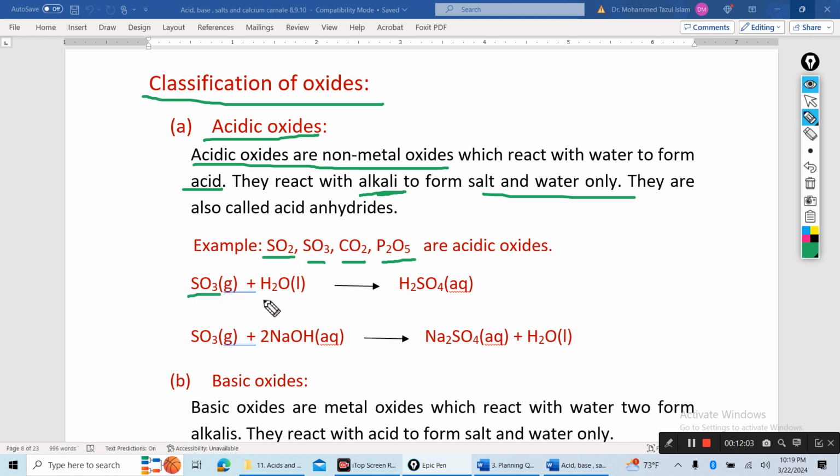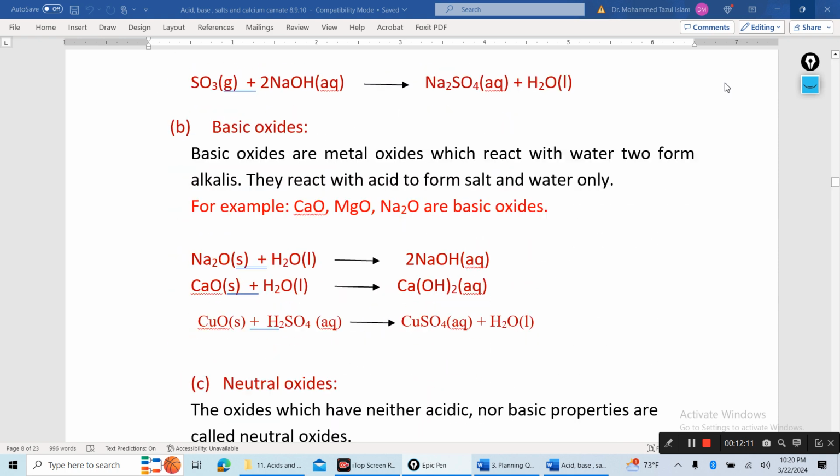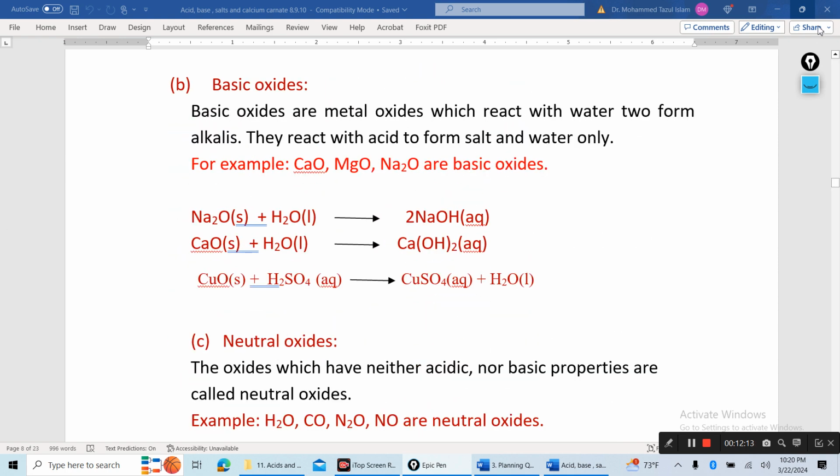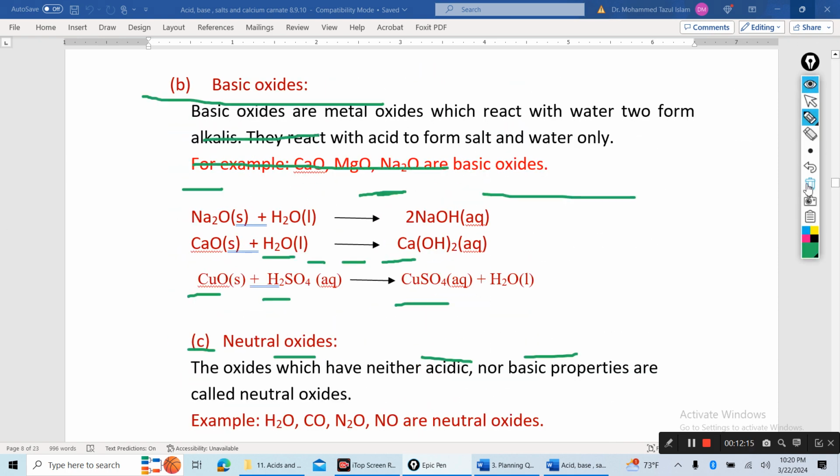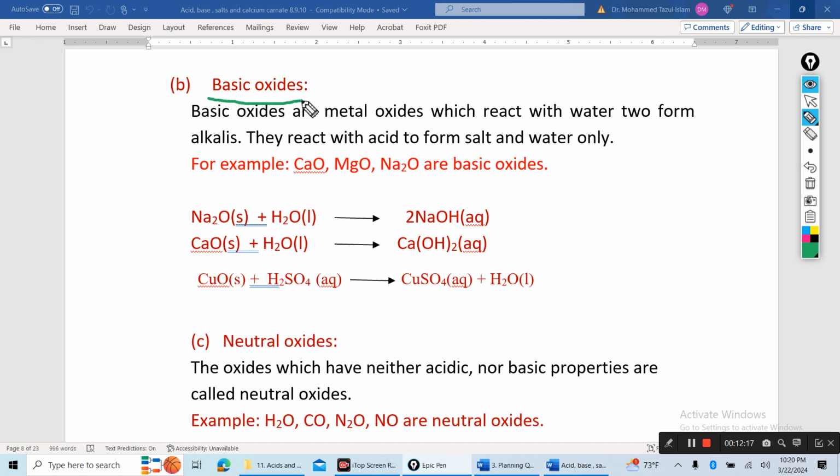This acidic oxide reacts with water to form acid. Acidic oxide reacts with alkali to form salt and water. Basic oxides are metal oxides, and basic oxide reacts with water to form alkalis.